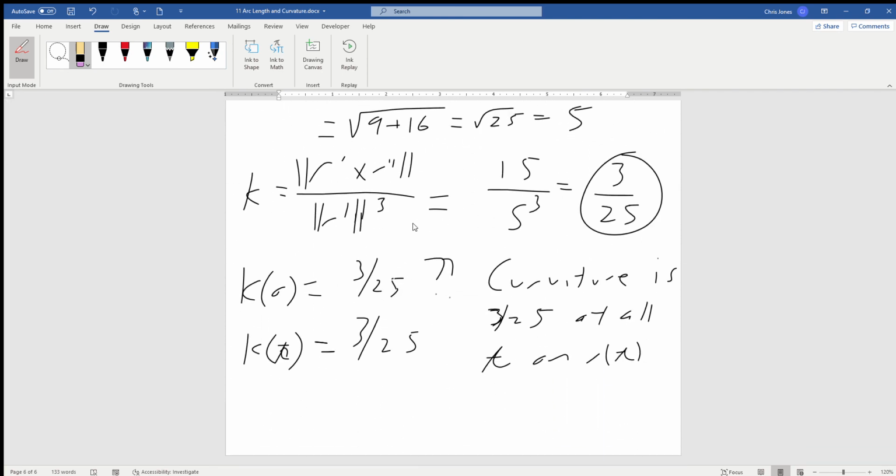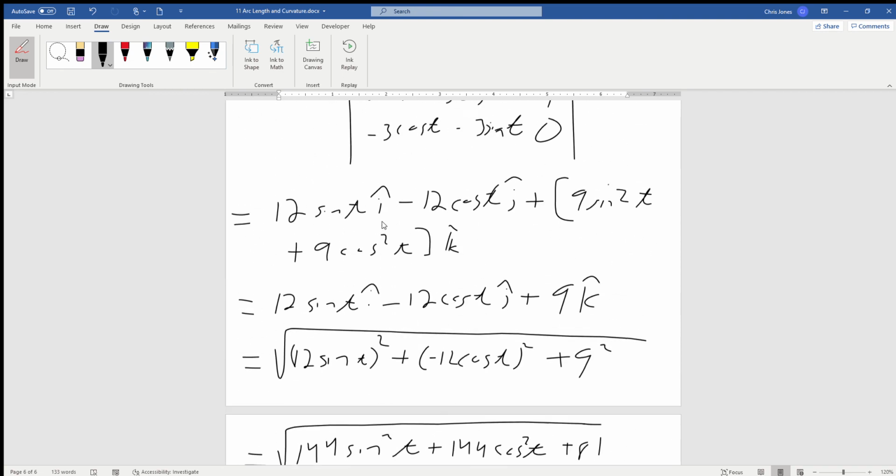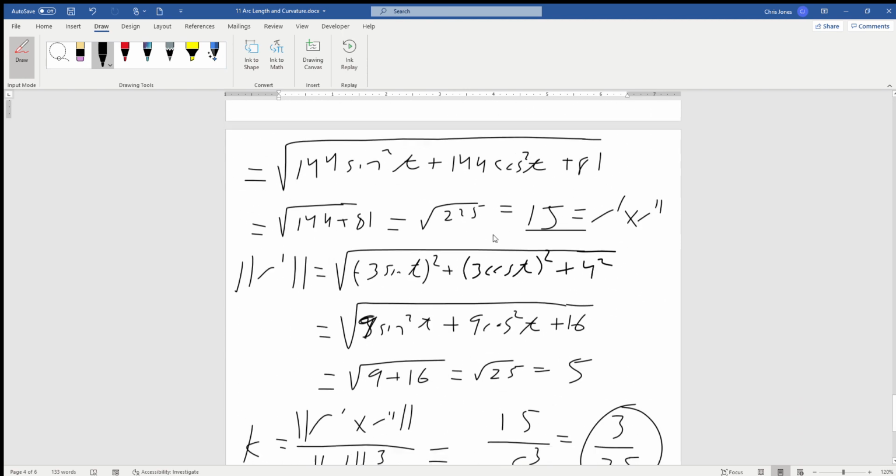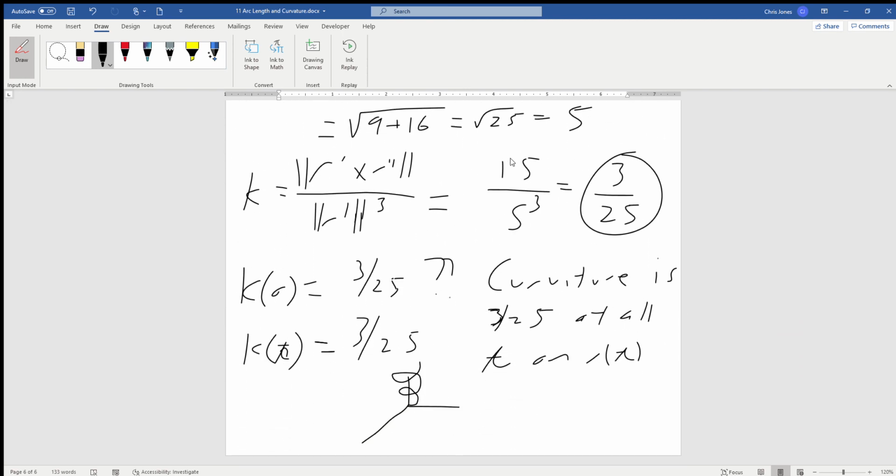The helix is going to increase at the same rate, and the curvature is the same no matter where you are on that helix. In fact, that's one of the properties of any helix, where the sine and the cosine have the same coefficient. So that's actually a pretty cool type of problem, where we can find the curvature of a helix and demonstrate that no matter where we are on the helix, it has the same curvature.